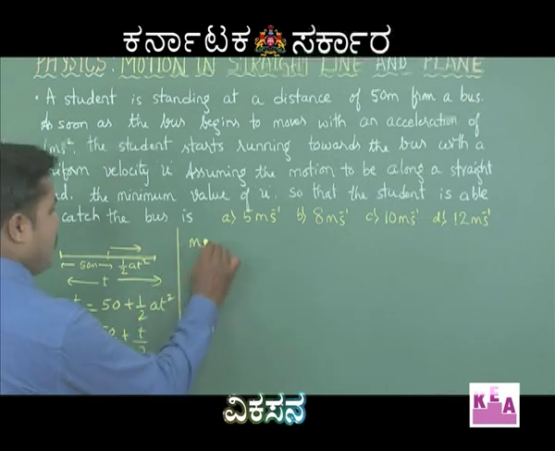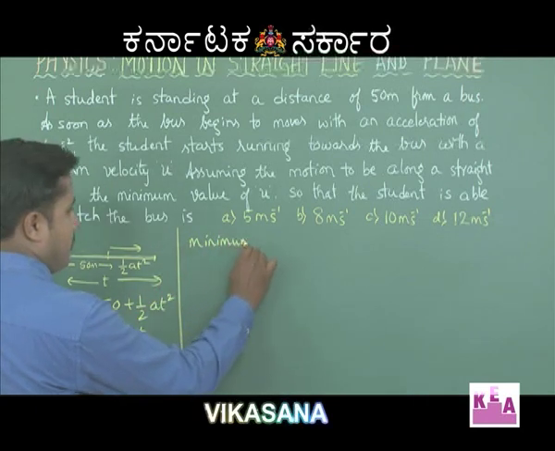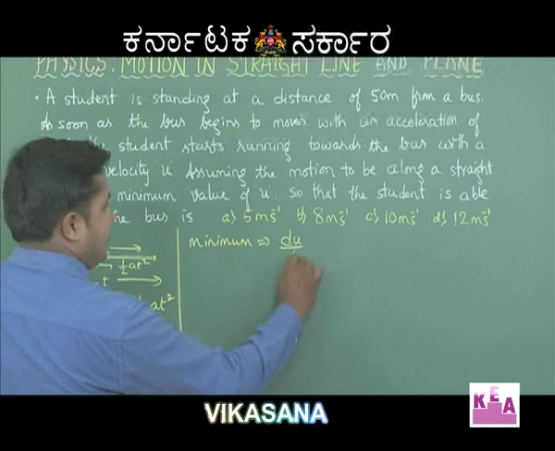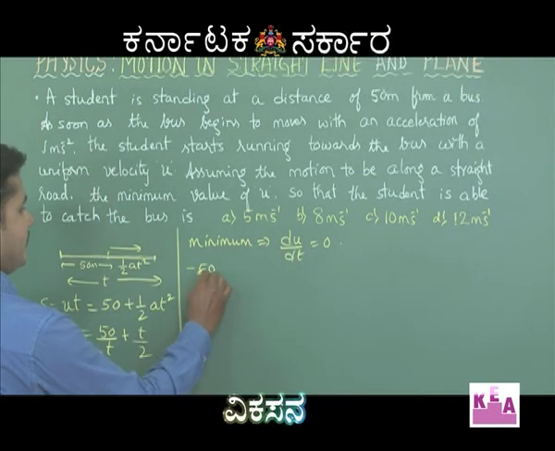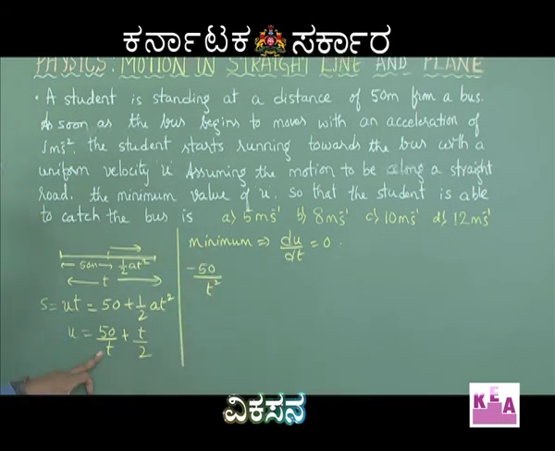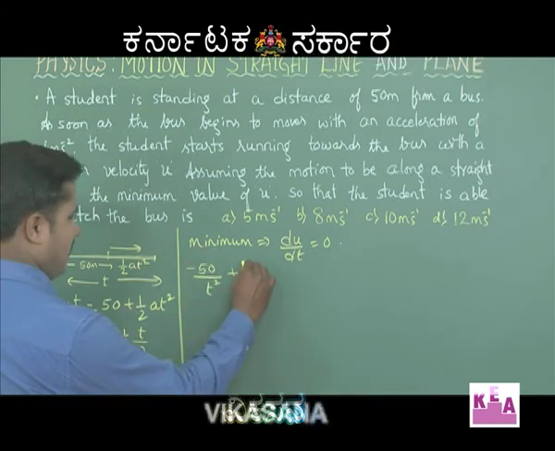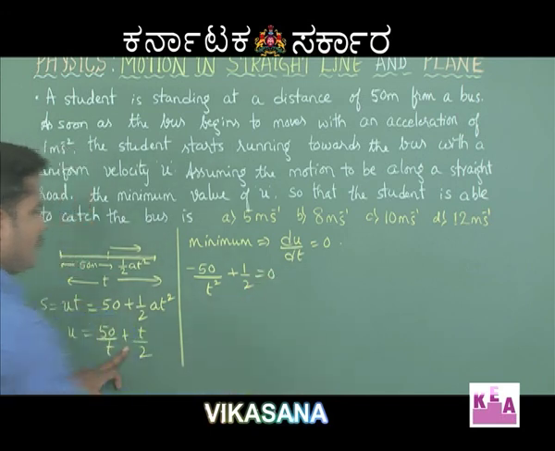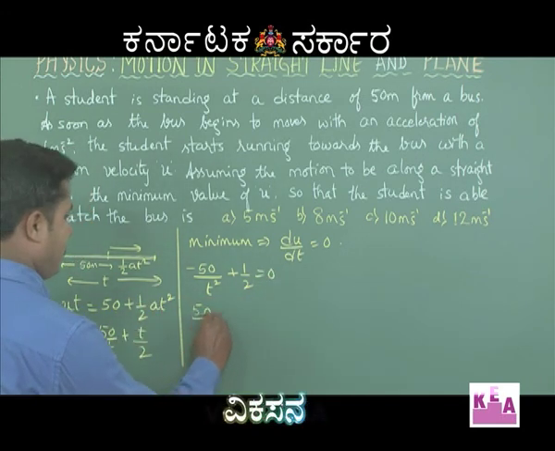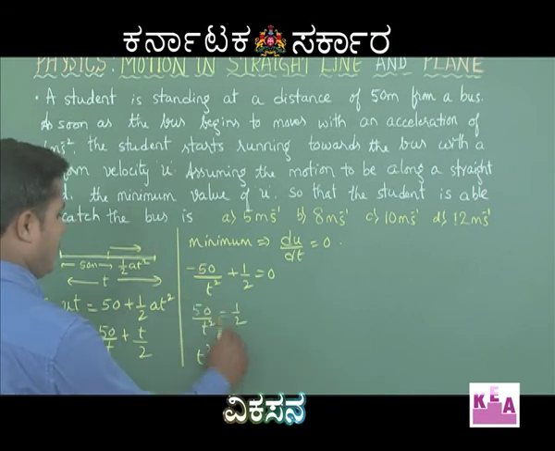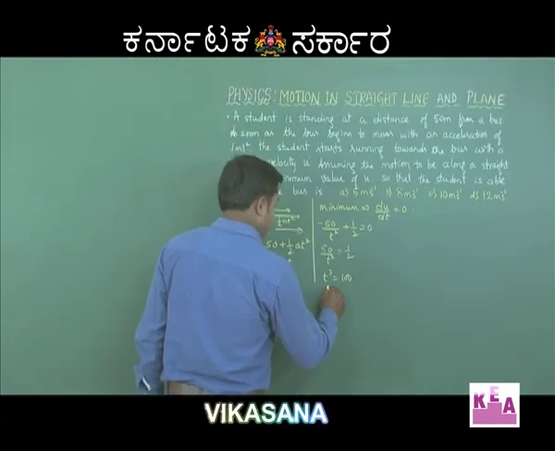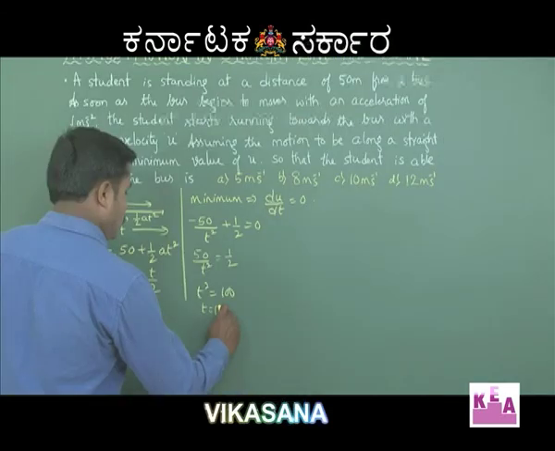That gives minus 50 by t square plus half equals 0, that is 50 by t square is half, t square is 100. This gives me t equal to 10 seconds.